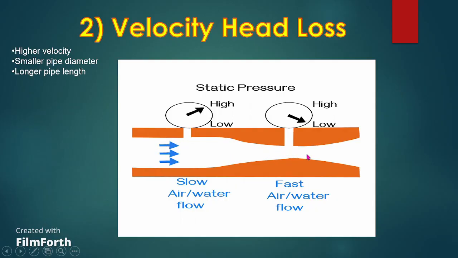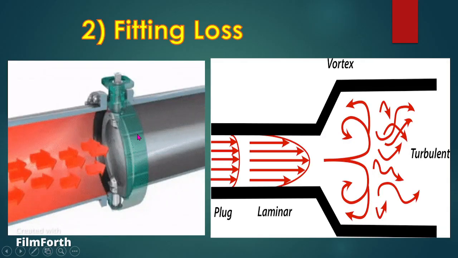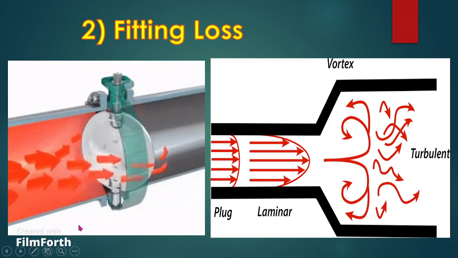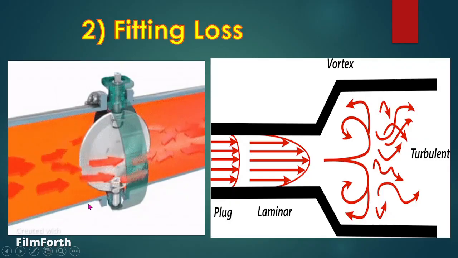Fitting loss. Water flows smoothly within pipes, but when it encounters fittings like bends, valves, reducers, and Ts, these act as obstacles, causing sudden direction changes or turbulence. This results in pressure drops, known as fitting loss. For example, when a butterfly valve is partially closed, it obstructs water flow, creating disturbances as water passes through the valve.